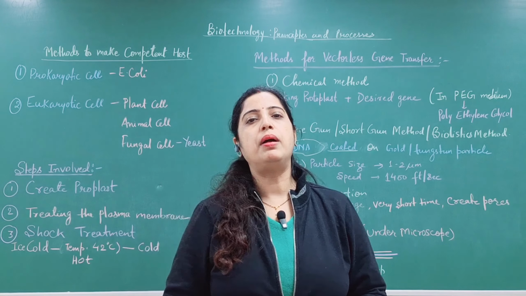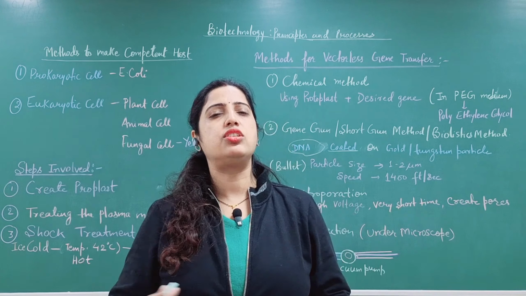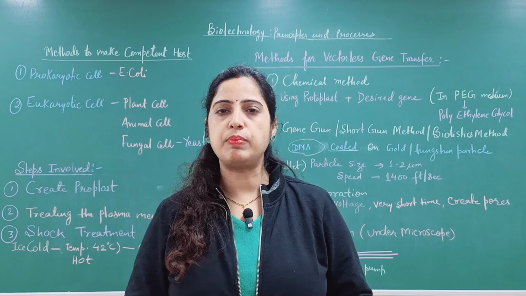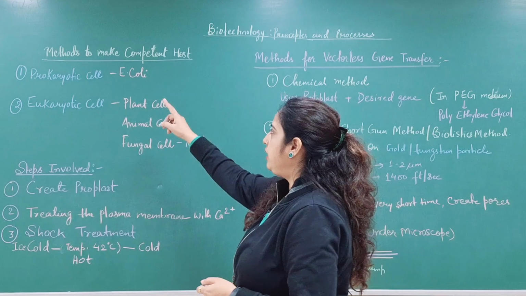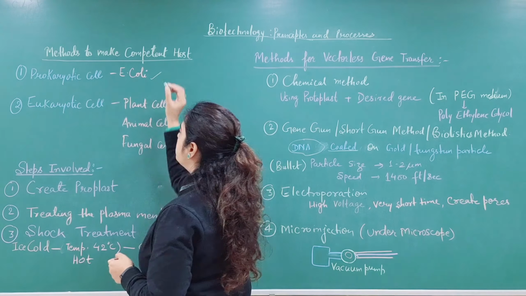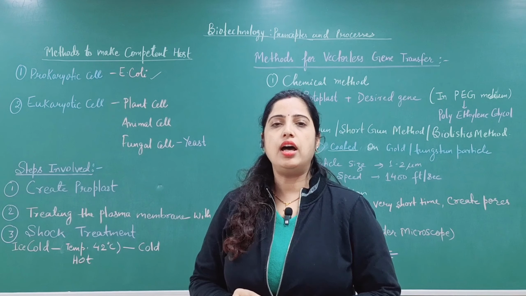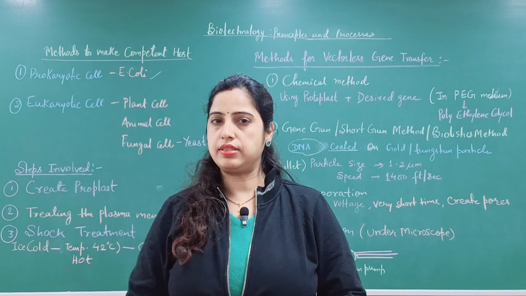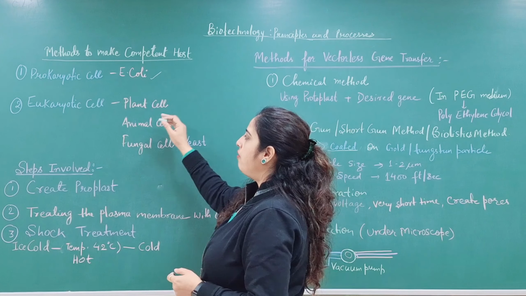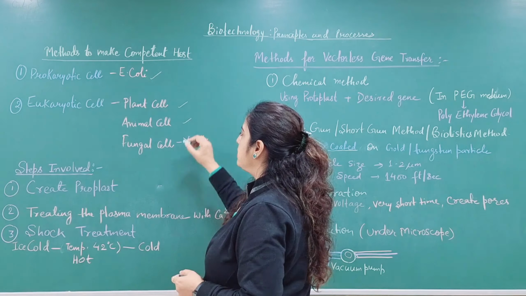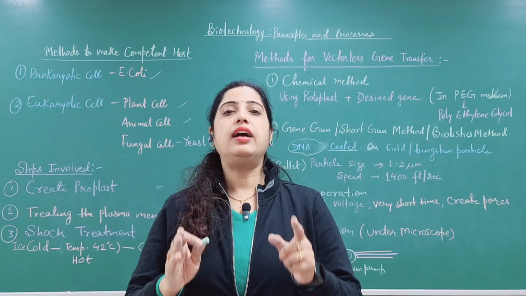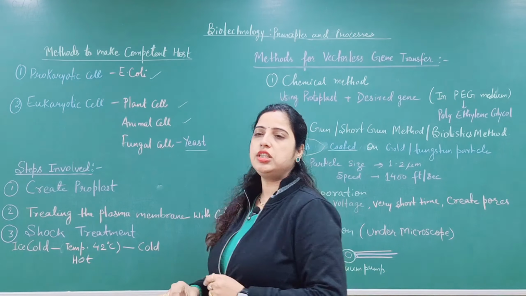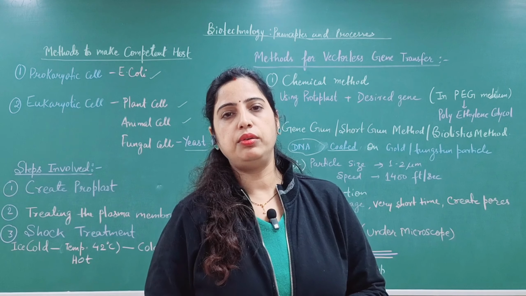Of course, its multiplication time is just 20 minutes, so we will have multiple copies in a shorter span of time. So we generally use E. coli for our experiments when we prefer a prokaryotic cell. Now we can have options of plant cell, animal cell as well as fungal cell. Again, in fungus we prefer yeast, which is easy to handle as a unicellular fungus.